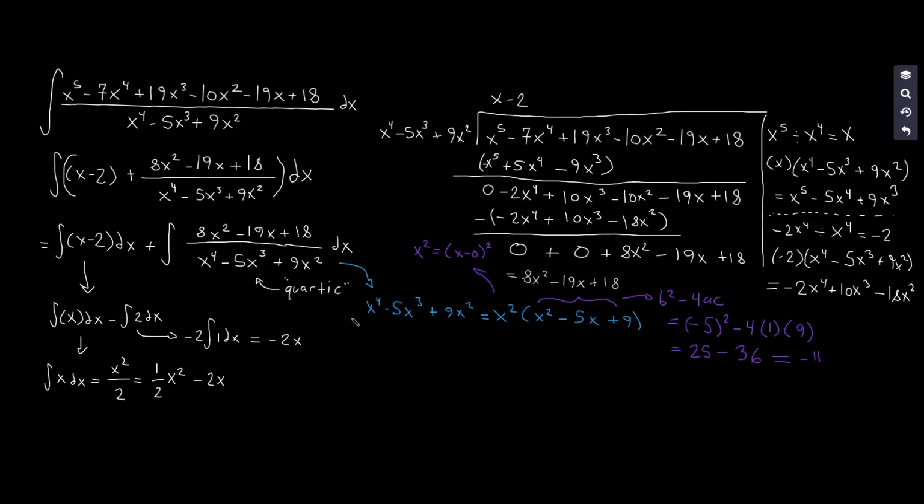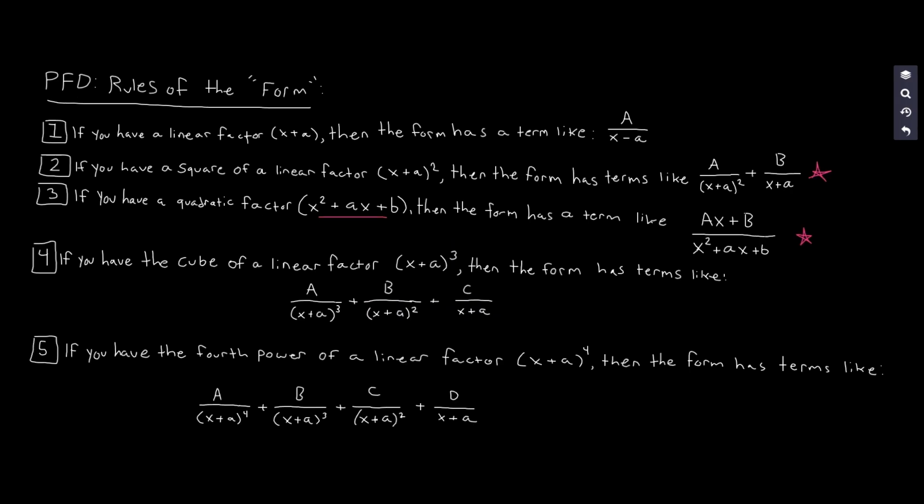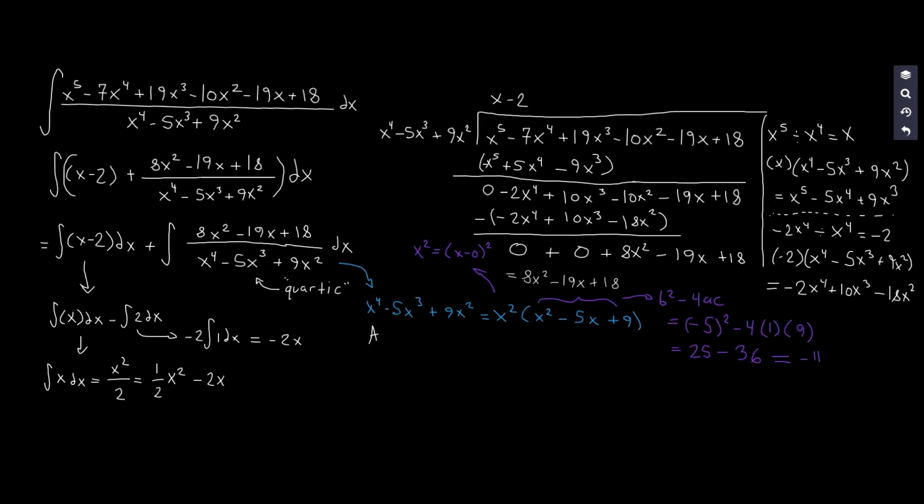So, well, the thing is, the x squared factor is going to contribute, and remember the form for this x squared factor, and we could look at it here. So it's a linear factor. We have a square of a linear factor, namely, x minus 0 squared.